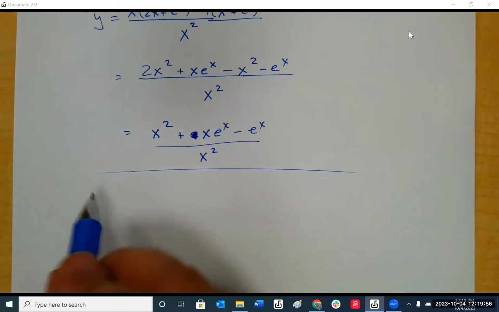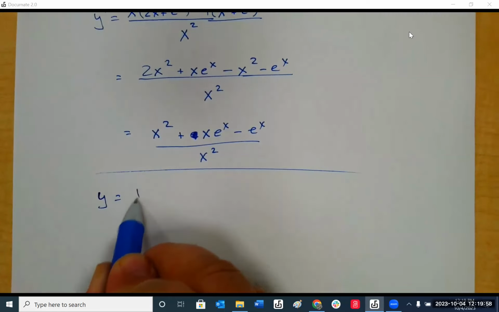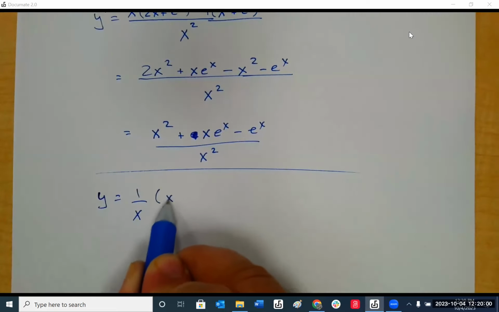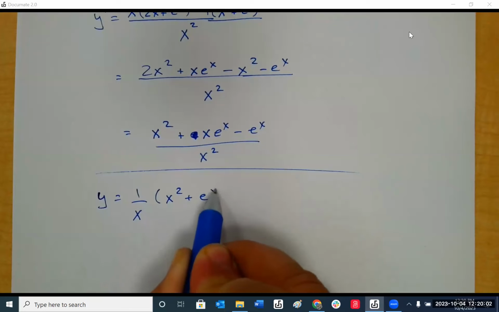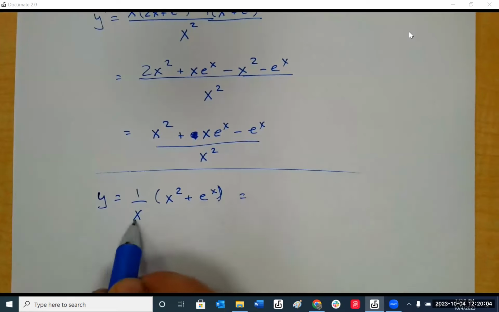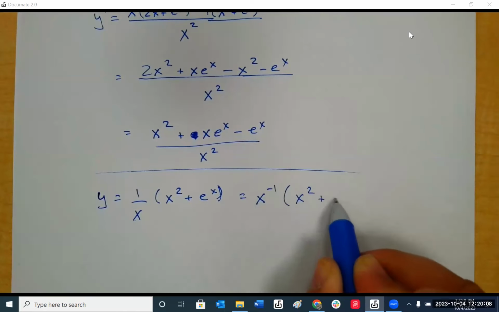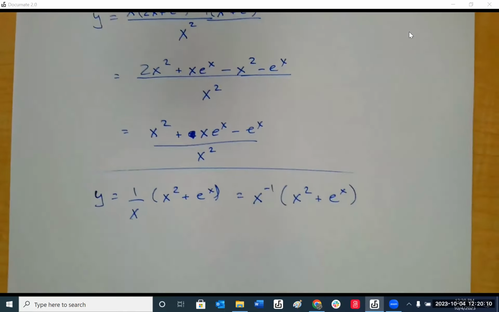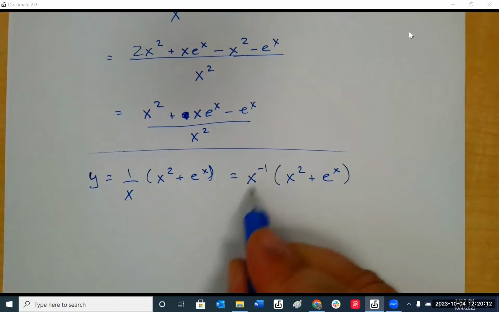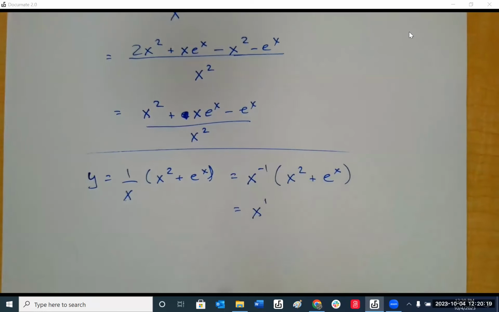Let's see if there's another way. We could have converted this one, which would not have been wrong. You use the product rule. So add the exponents, so it's x to the power 1.